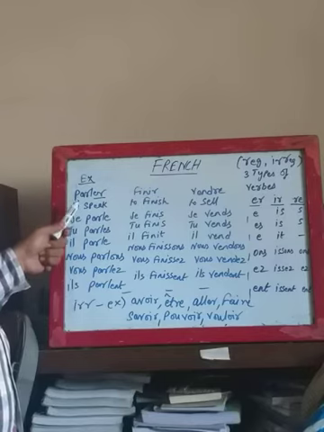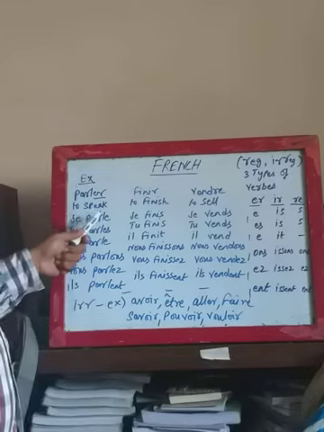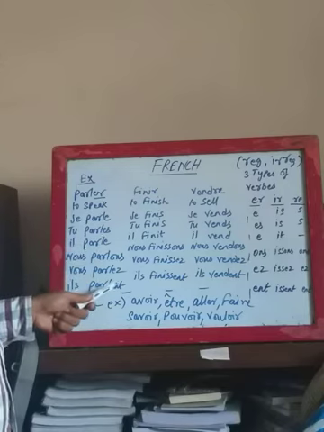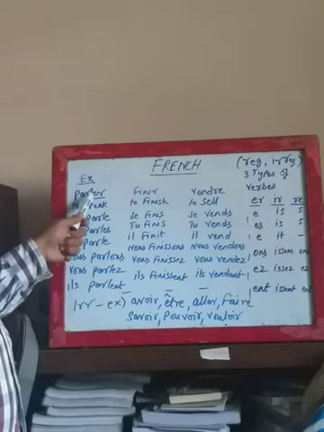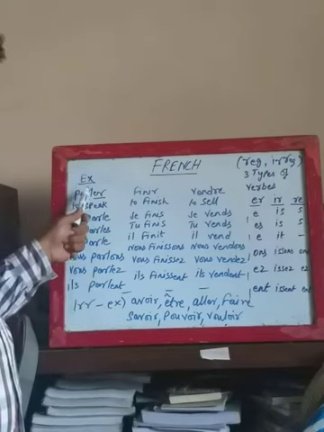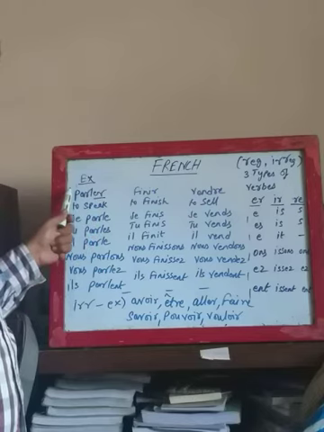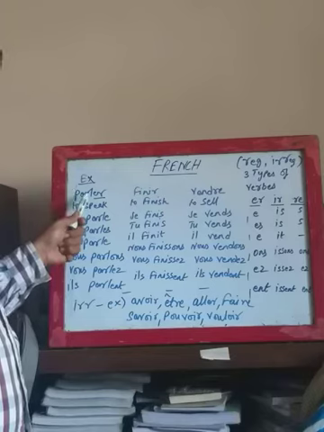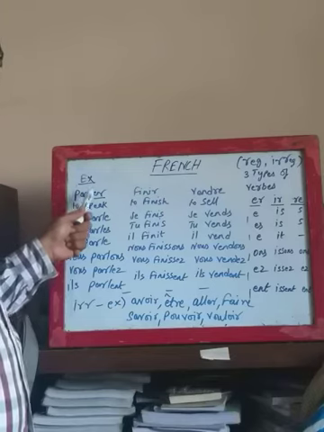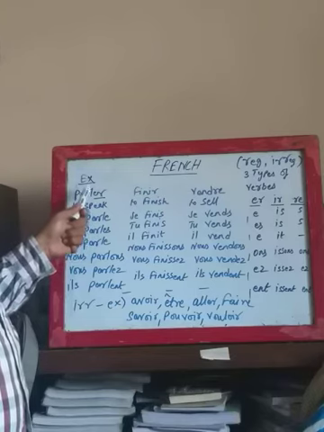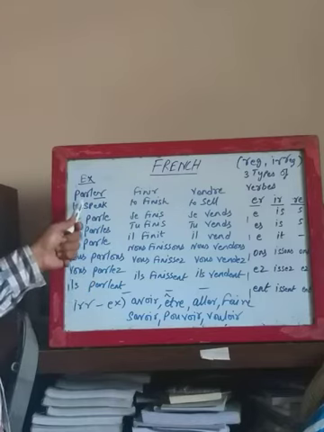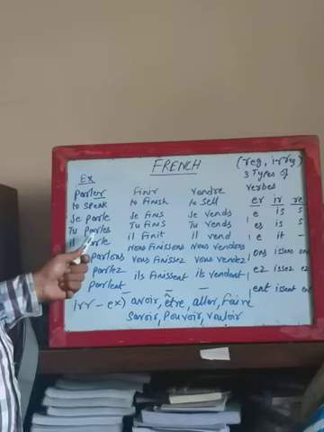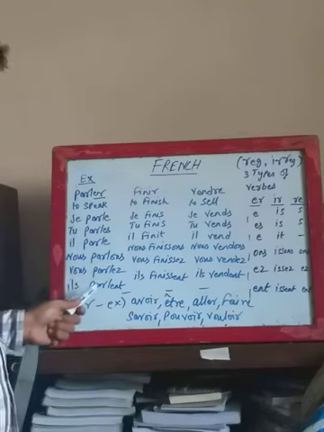Now see the conjugation of parler: je parle. Without er, the verb is parl. You have to keep that as the stem and replace the er with these endings. Parler means to speak: I speak, you speak, he or she speaks, we speak, you speak, they speak.